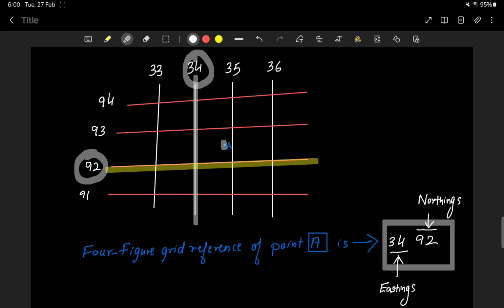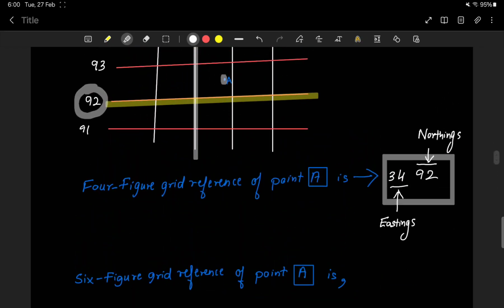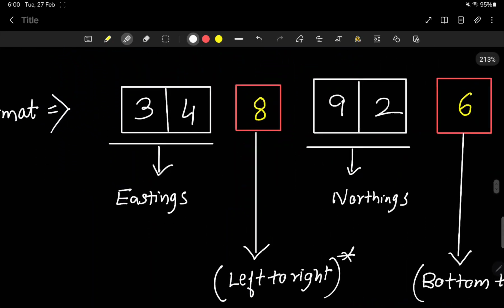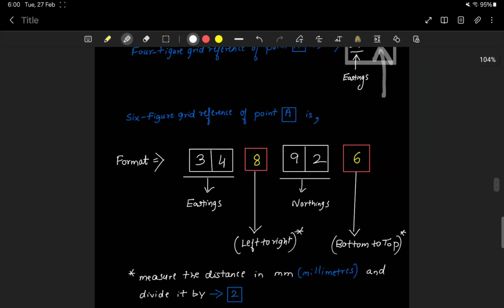Now let's get to the slightly complicated part, finding the 6-figure grid reference of point A. First we need the value of eastings as well as the value of northings. Now this is the exact format of a 6-figure grid reference. See what all the blanks denote.